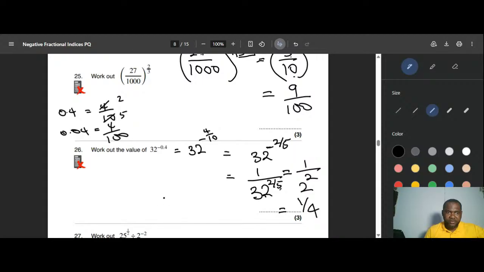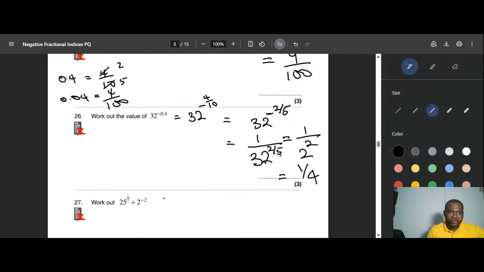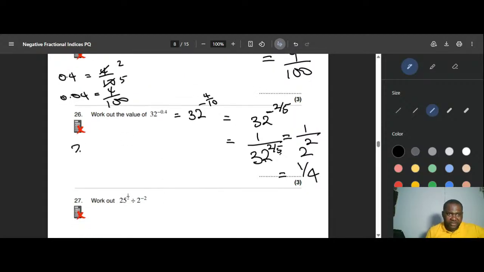So remember, you have 32 raised to power minus 0.4, which means 4 over 10. And 4 over 10, if you divide the fraction, is 2 over 5. So I'll say 2 over 5. This negative power, if I want to remove it, I will say 1 over 32 raised to power 2 over 5.